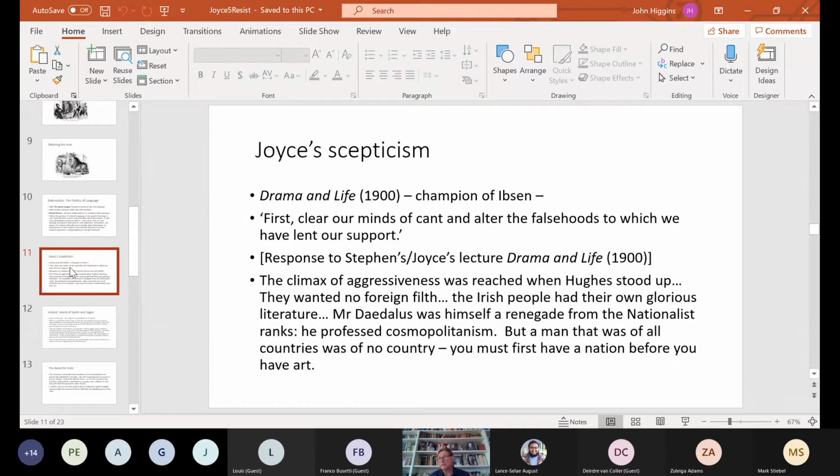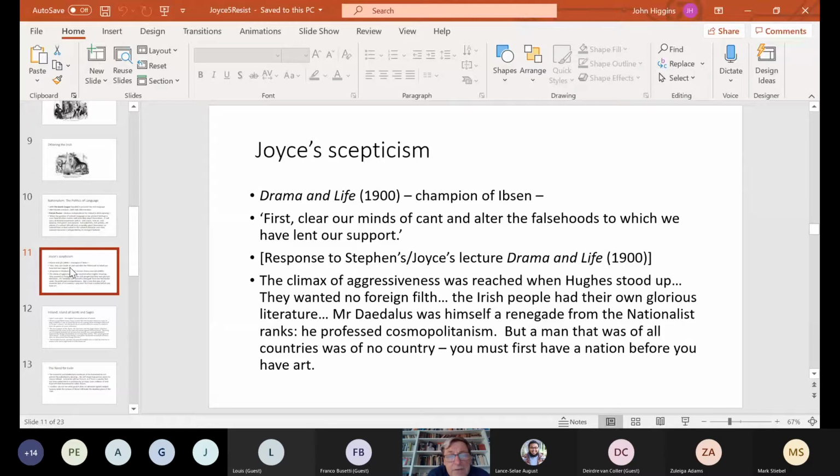Joyce, however, had some skepticism around this promotion of a uniquely Irish identity, of an identity politics based on the Irish language.